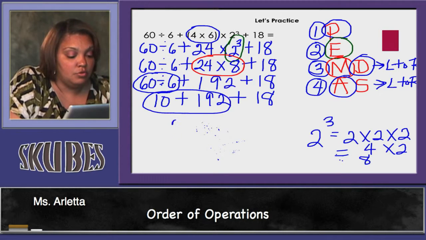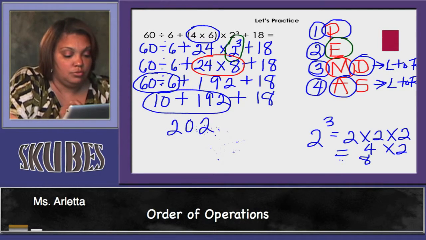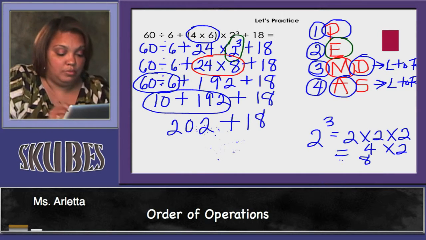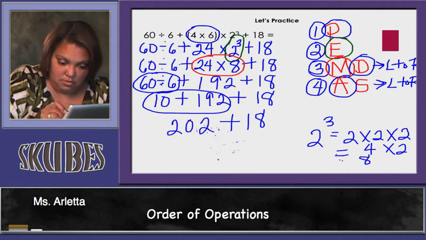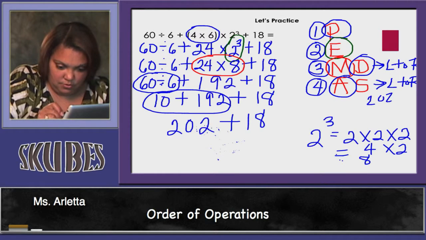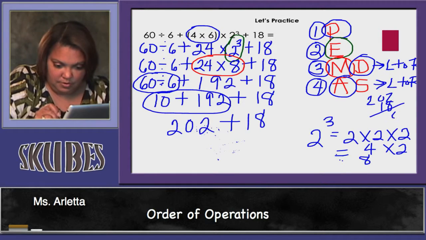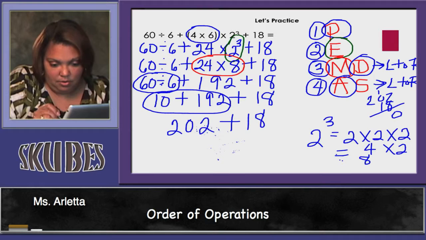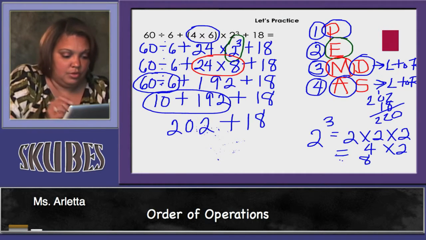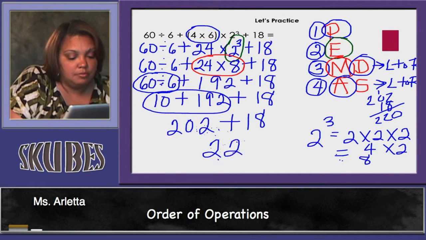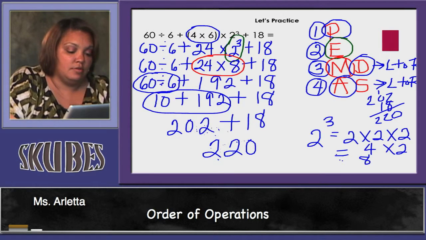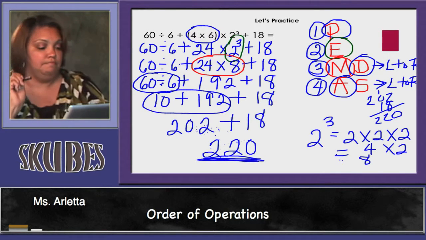That would give me 202 plus 18. 8 plus 2 is 10. Carry the 1, 2 and 2. That gives me 220. So my final answer is 220.